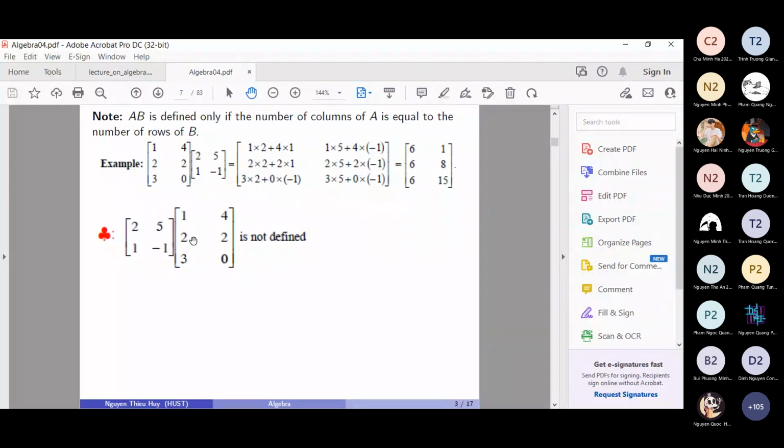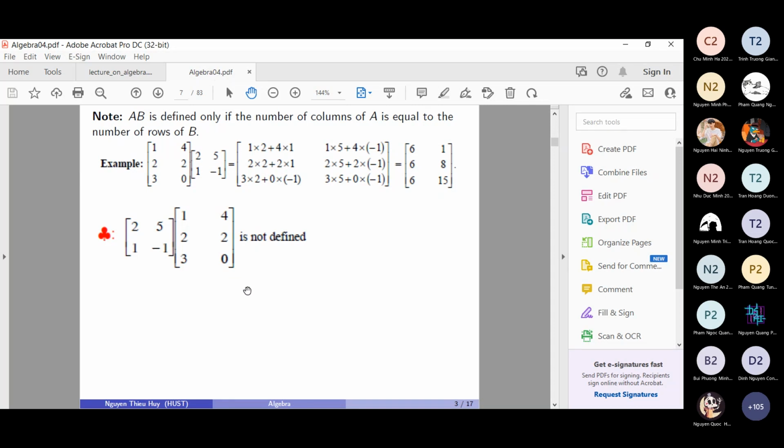Then actually it's not defined anymore, because if you move the second matrix to the first and the first to the second, then the number of columns here is 2, but the number of rows is 3. So here they are not the same. The first matrix has 2 columns, but the second matrix has 3 rows. Then the product is not defined anymore.